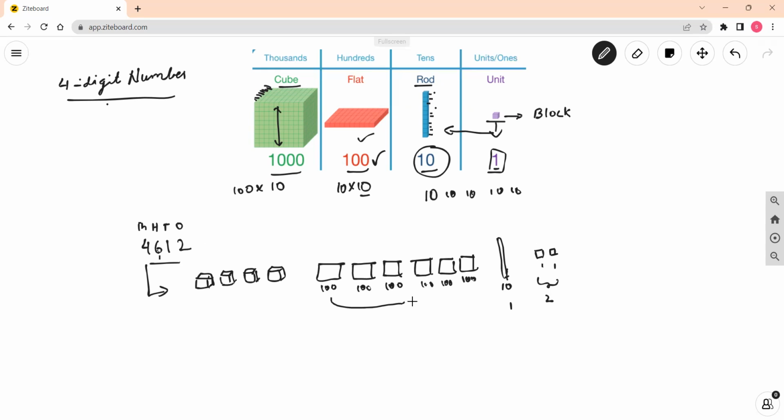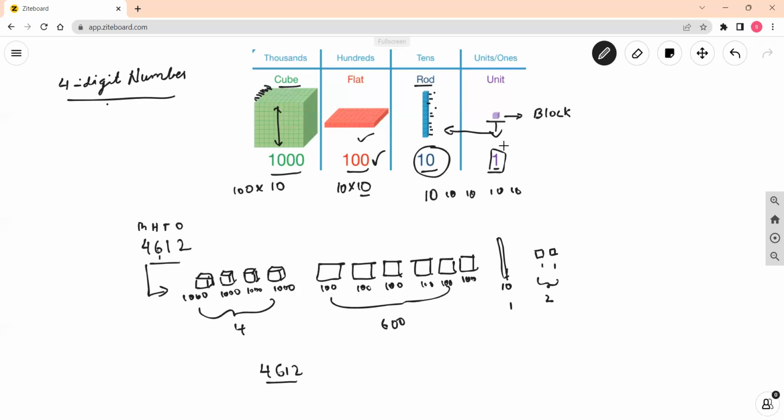So together it represents 600, and here 1 cube is equal to 1,000. So how many thousands do we have here? 4, right? So we have 4,612. This is how we represent a 4-digit number using the cube, flat, rod, unit model.